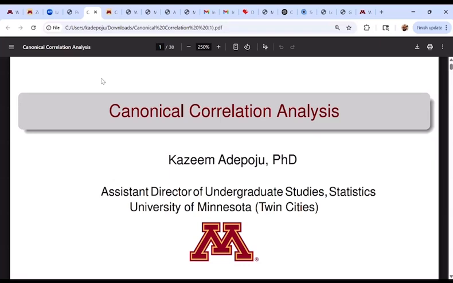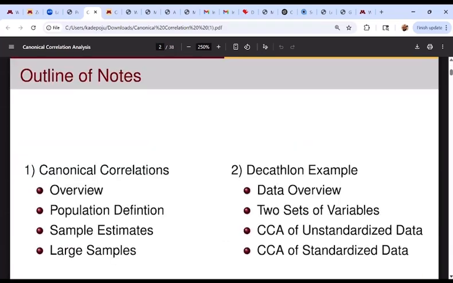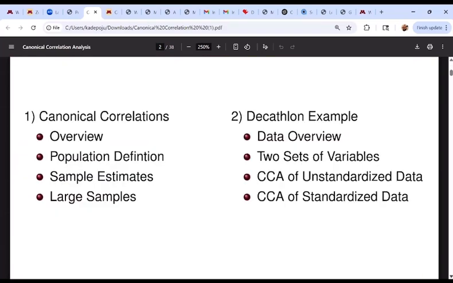In the outline, I'm going to walk you through the overview of canonical correlation, the population definitions, and the sample estimates, including the large sample estimate. I'm also going to talk about some basic measures.